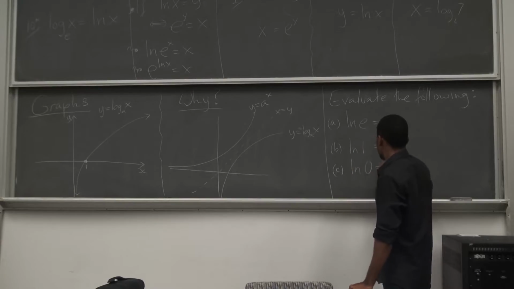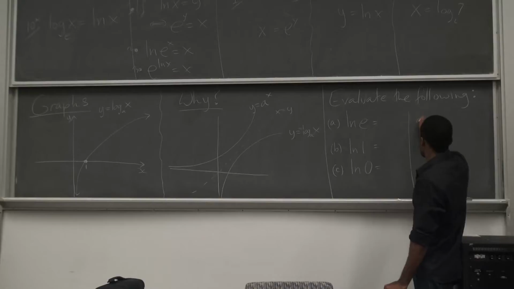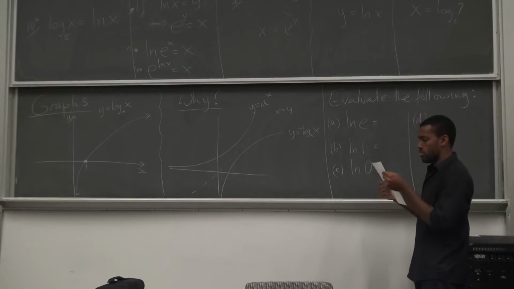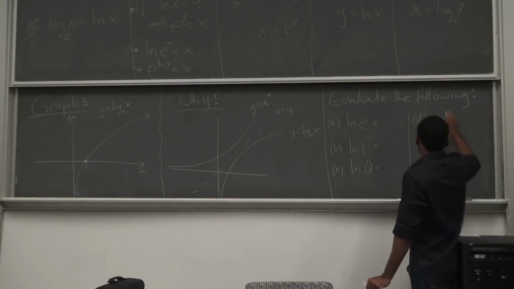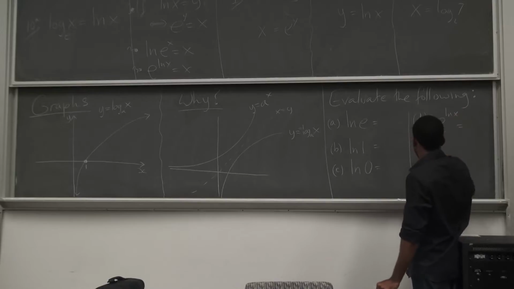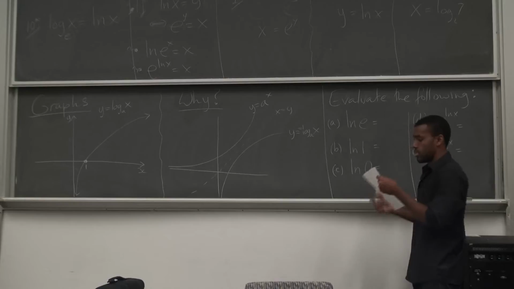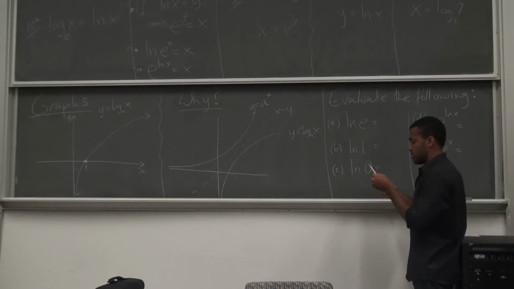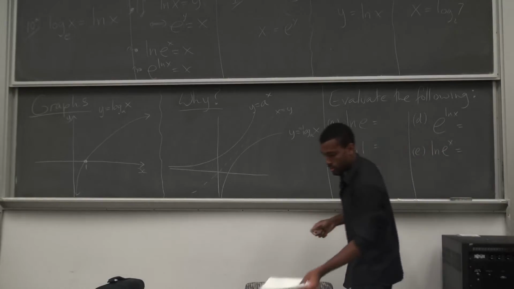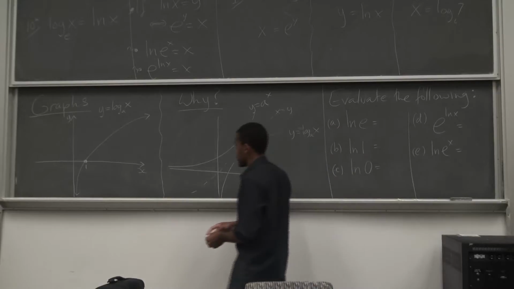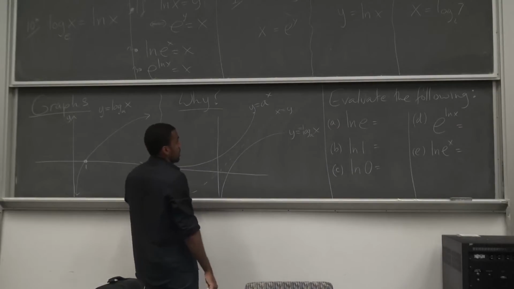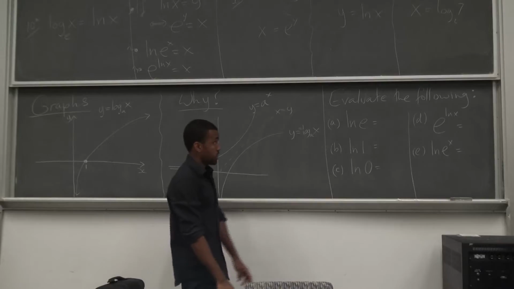What is ln of 0? What is e to the ln of x? What is ln of e to the x? And then we're going to do more examples of simplifications.